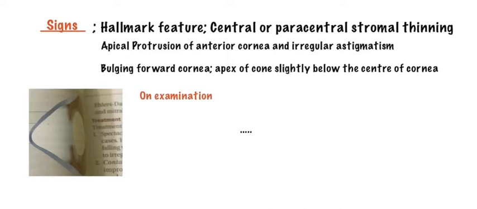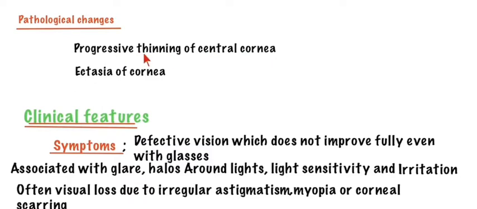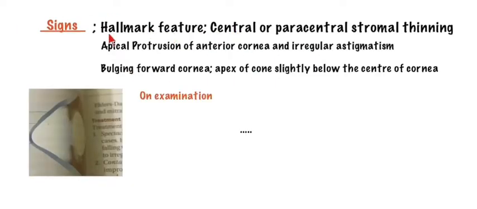But in keratoconus, the stromal thinning causes the cornea itself to undergo thinning. So remember, the hallmark feature of keratoconus is central or paracentral thinning of the stroma.